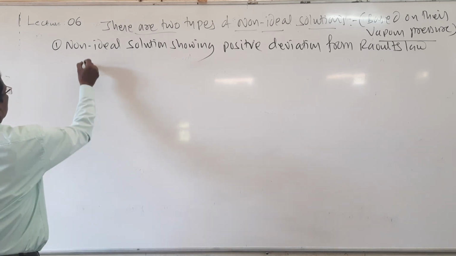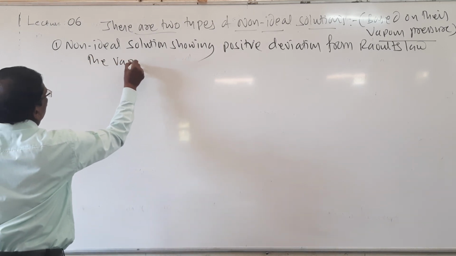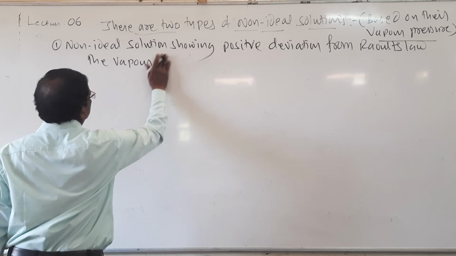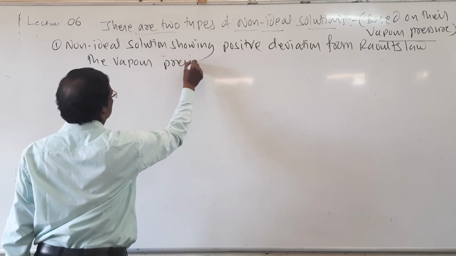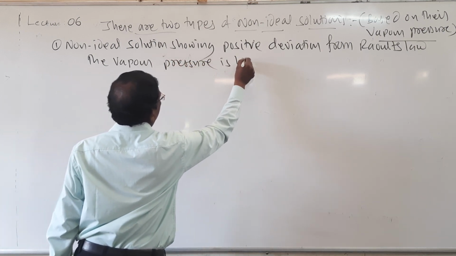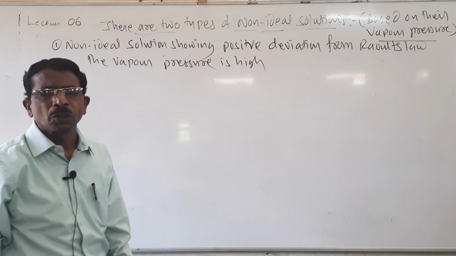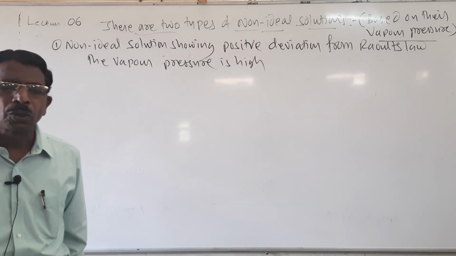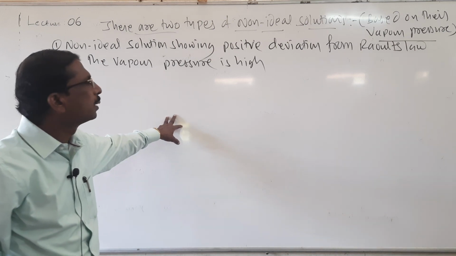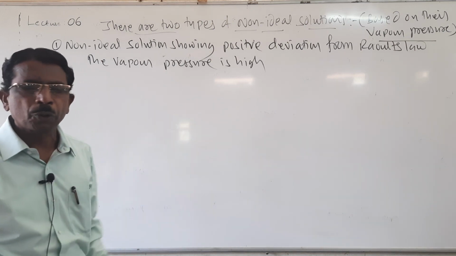So here the vapor pressure is high. If the vapor pressure is higher, then this shows a positive deviation.